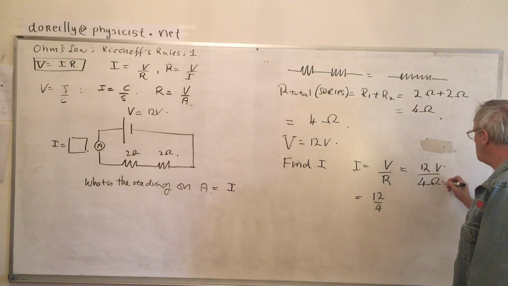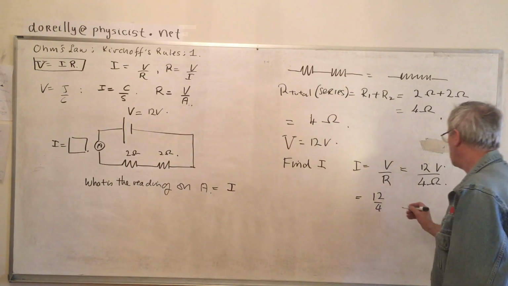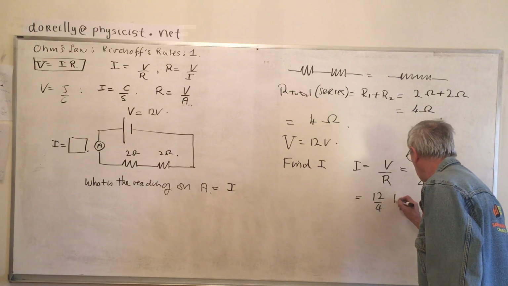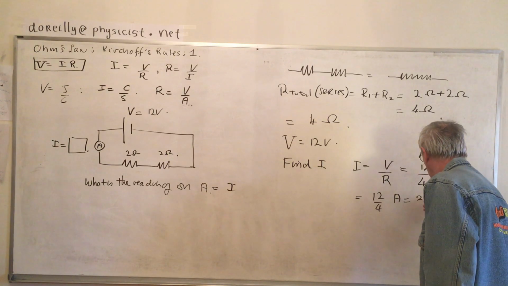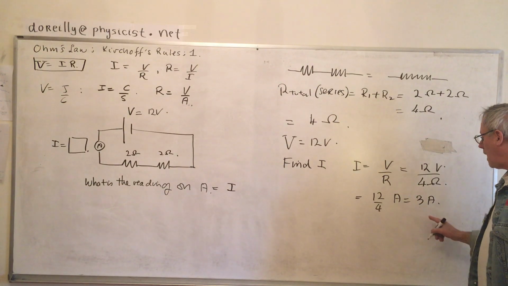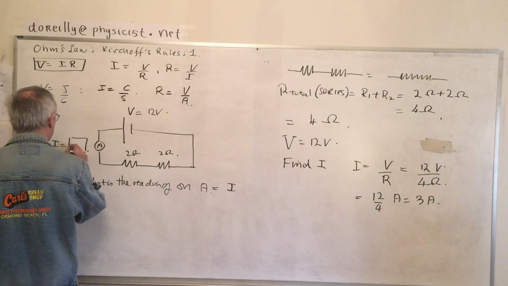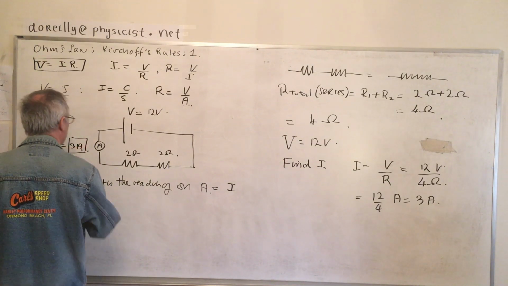Now volts over ohms you can show is going to be amps. You can show that using the last one. I'll keep it short for now. So in this case here, 12 over 4 is 3 amps, so that the reading on the ammeter is 3 amps.